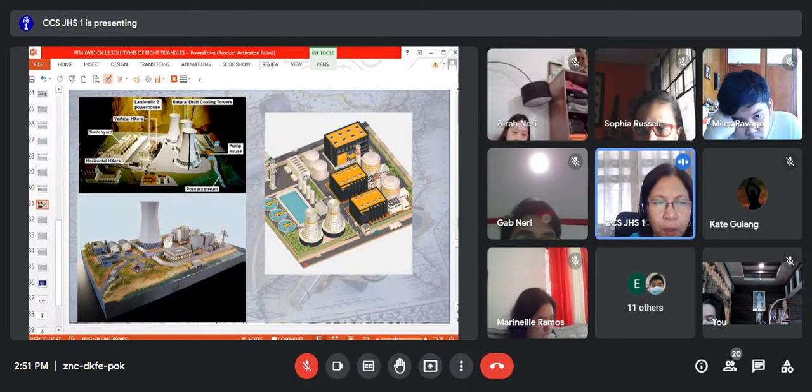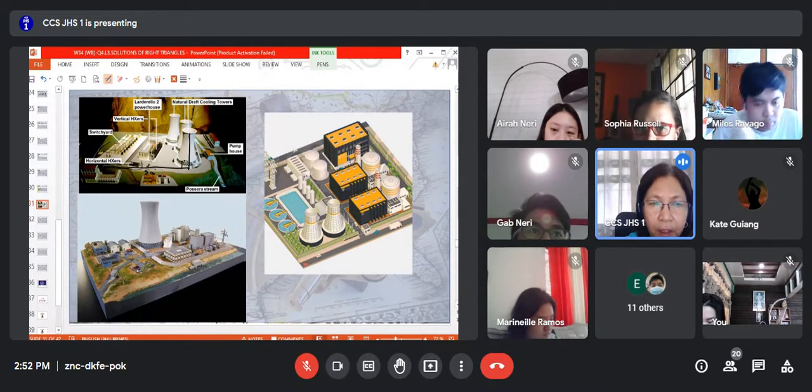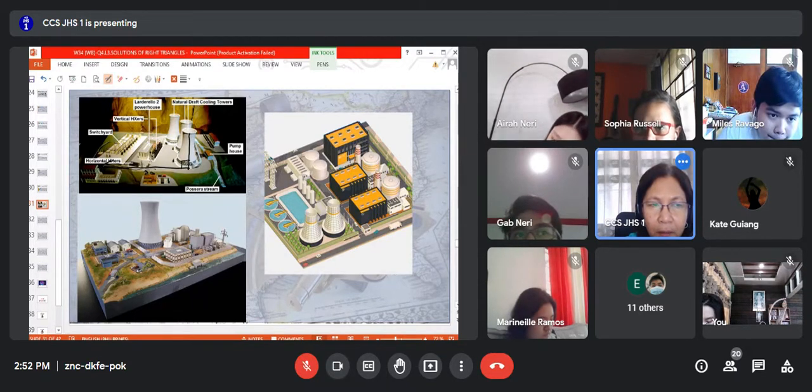Then you measure this one using your ruler, in centimeters, and convert that into meters or kilometers. And then you draw a right triangle on that picture that you have taken from your diorama. And then you measure this angle using your protractor.